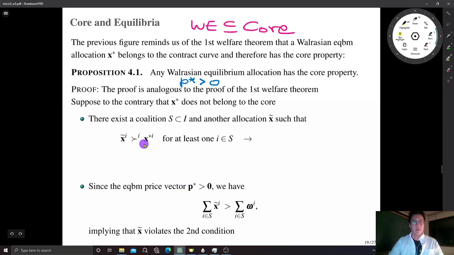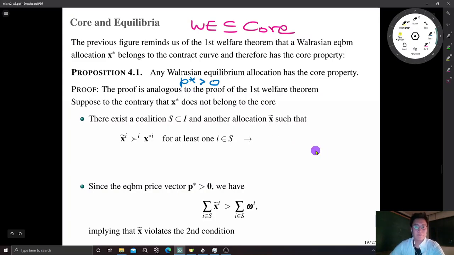So suppose that given this price vector, X star is the equilibrium allocation. So each consumer chooses an optimal bundle. That means if X tilde was better than X star, then by revealed preference, this X tilde was not affordable under price vector P star.